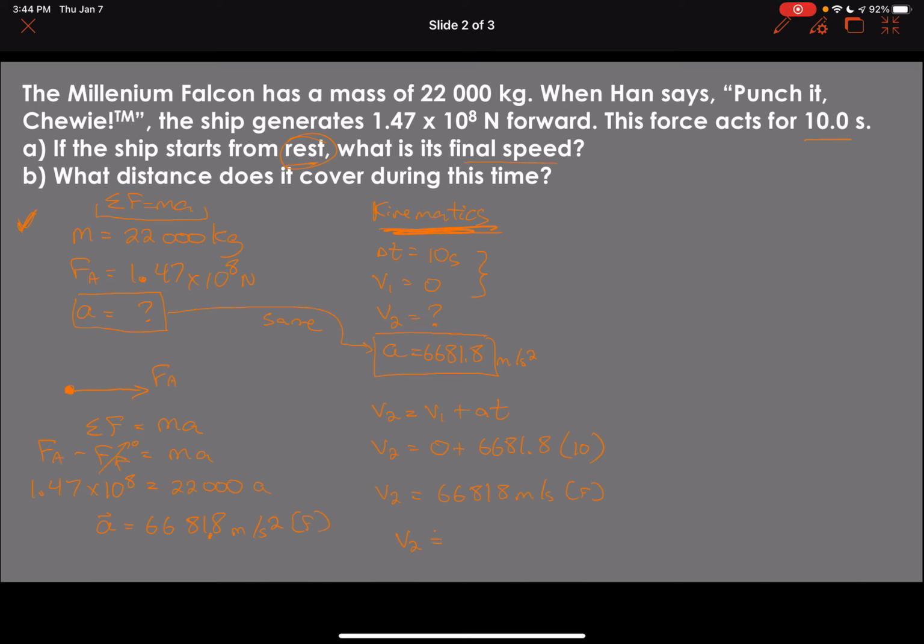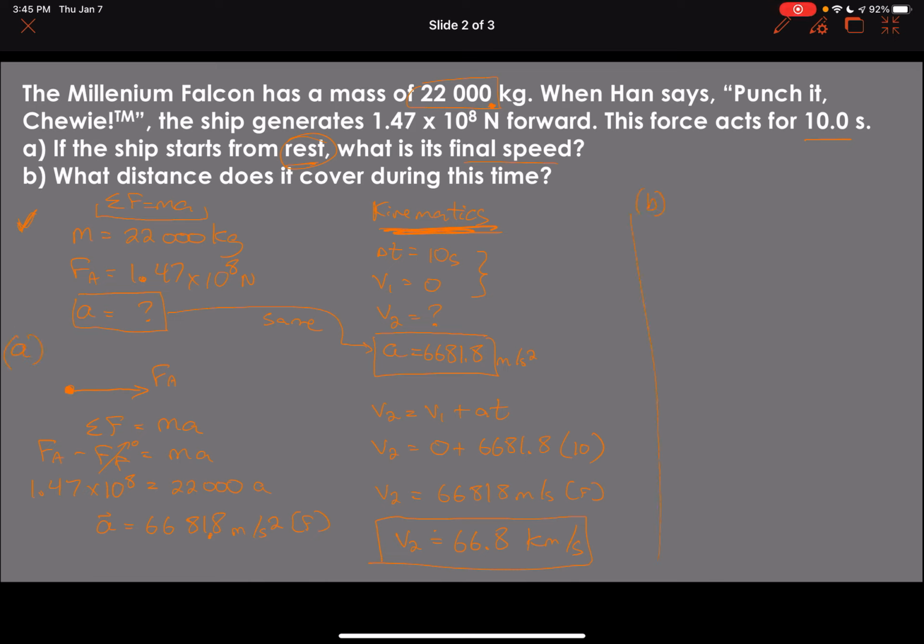So with sig digs, I guess it's 2 sig digs because of this number. Now, if we pretend there's a decimal at the end, let's take it as 3 sig digs. So we're going to say 66.8 kilometers per second, or you could say 66.8 times 10 to the 3 meters per second forwards. So there's A, all that part.